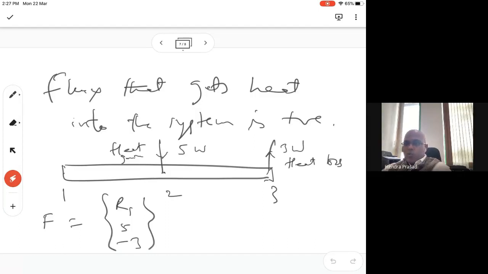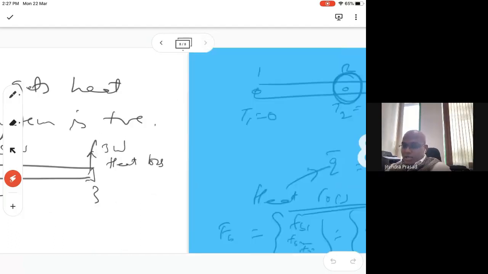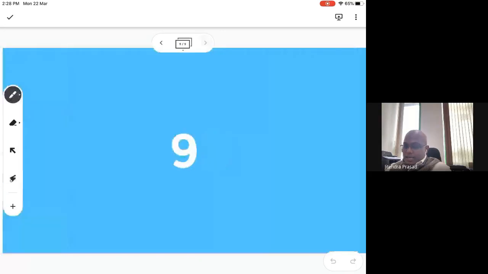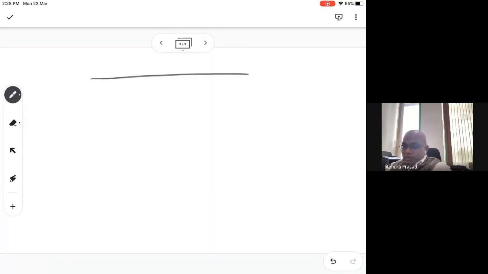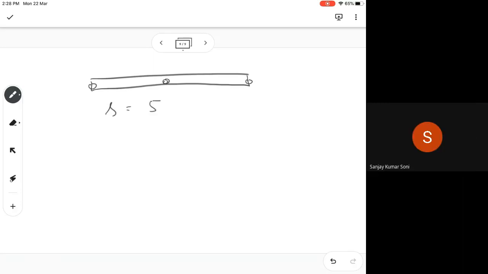Right. True. Yeah. So what I understand is what you are saying is, for the same example, 3 noded, right? Yes, sir. And you are saying S is equal to 5, 5 watt per meter, right?